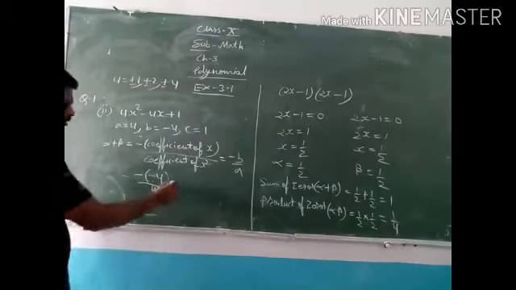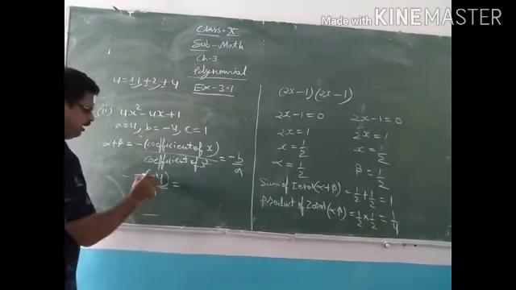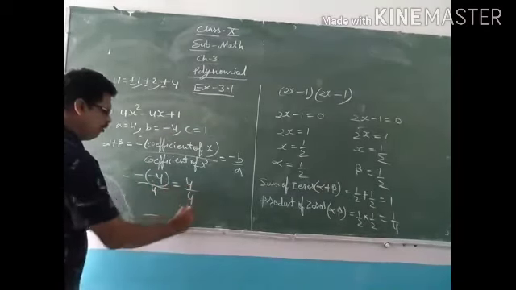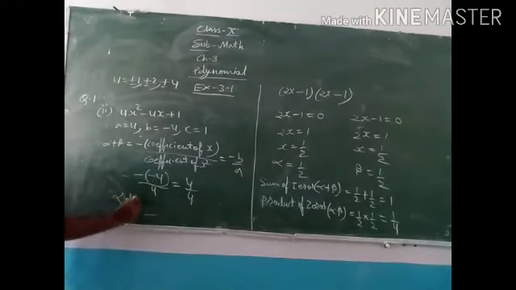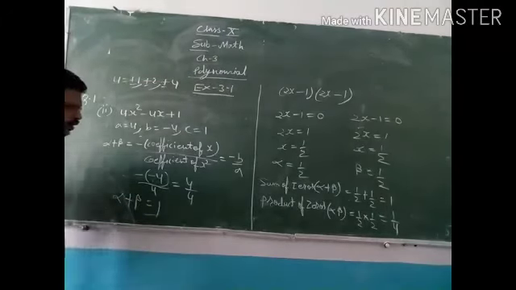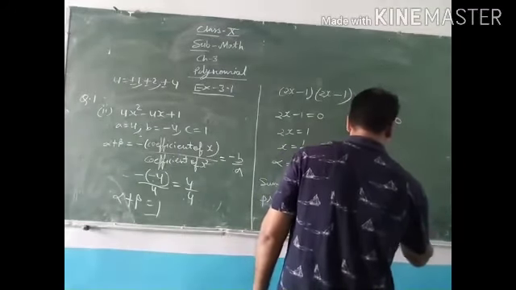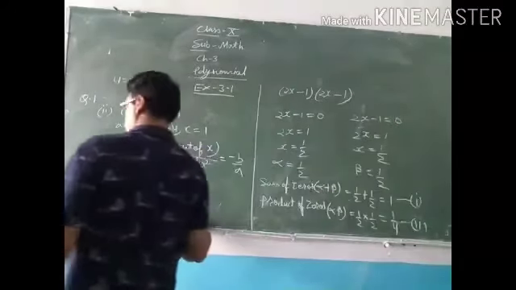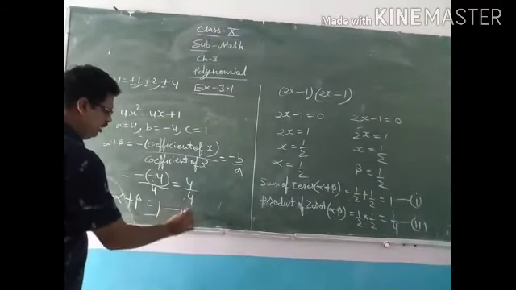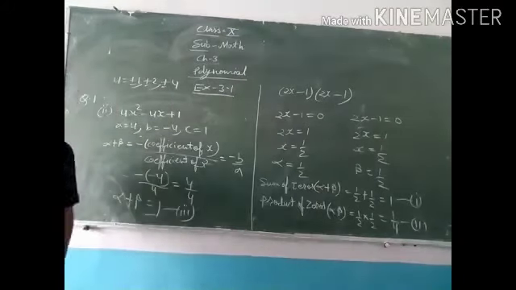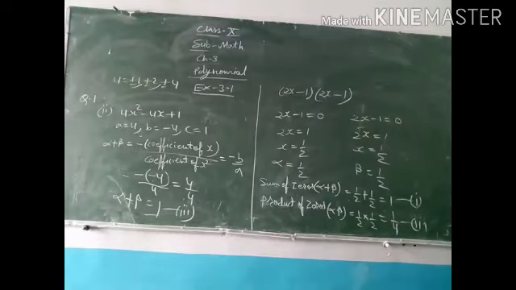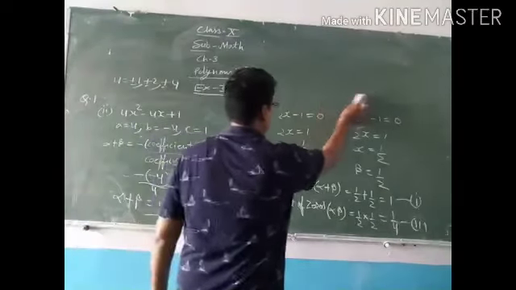Now it would be negative of negative, positive, 4 upon 4, so alpha plus beta equals 1. Okay, so this is equation first, this is equation second, this is equation third. And now we have to find alpha into beta.